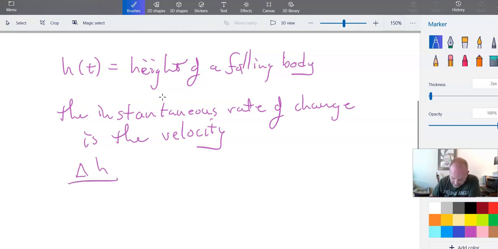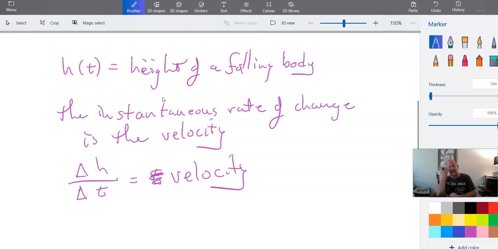If I divide that by the change in time, that is a distance divided by a time, which is a velocity.